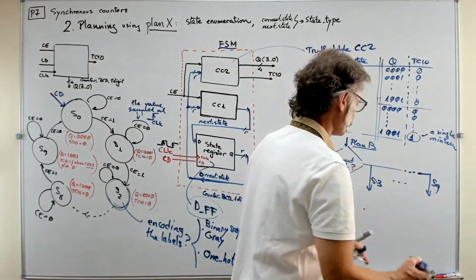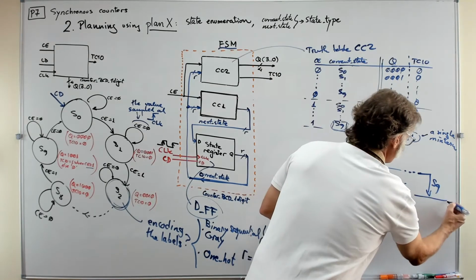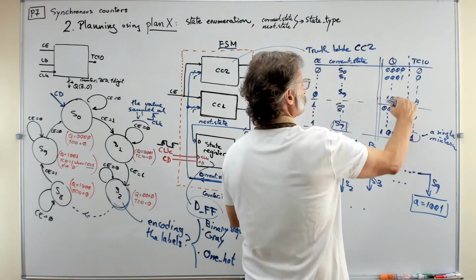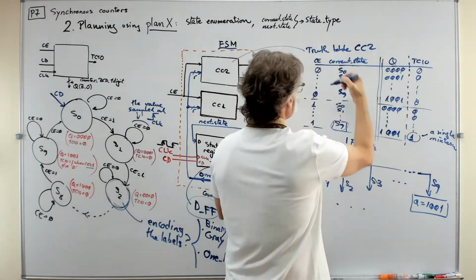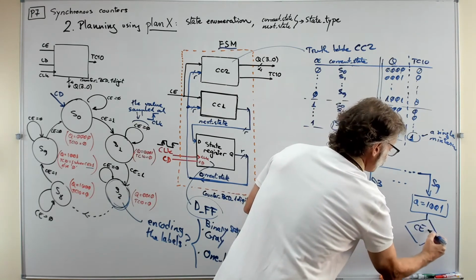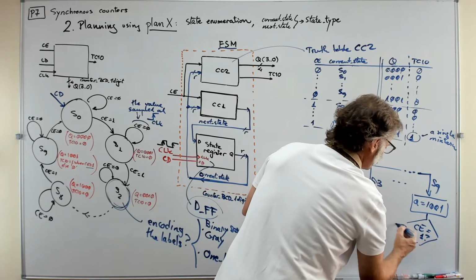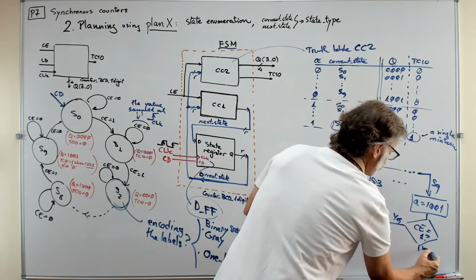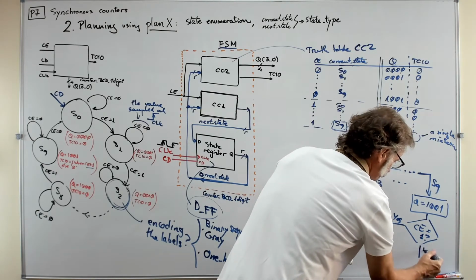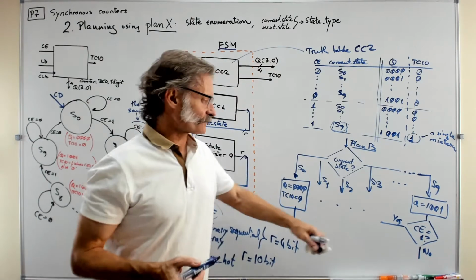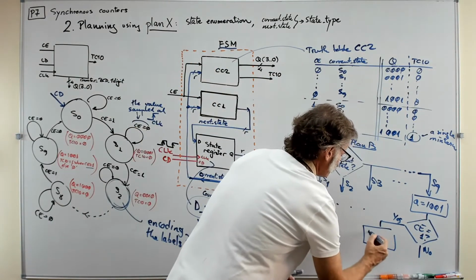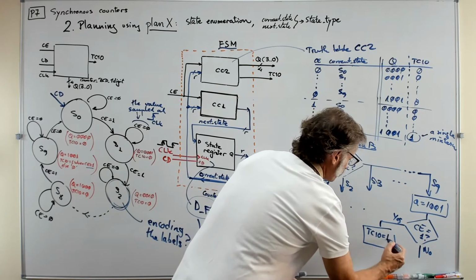And that can go in a similar way up to S9. So in S9, you can fix the Q's if you like: Q equals 1, 0, 0, 1. It doesn't matter the value of count enable, but now you can ask a question here. Which is the value of count enable? Is count enable 1, for example? You may say yes or no. If you say yes, this time it means that TC10 happens to be 1.